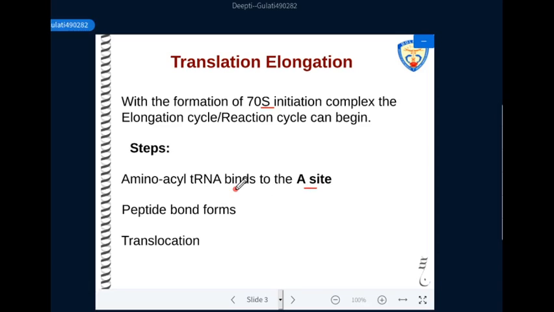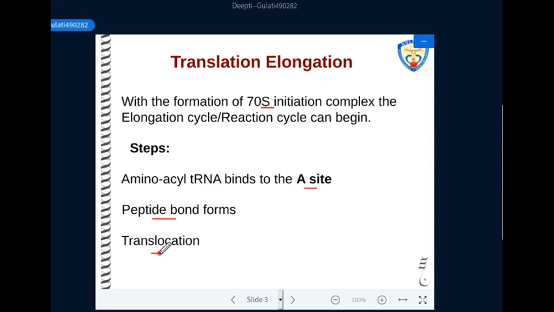The amino acid present on the tRNA of the P site and the amino acid present on the tRNA of the A site then join together with the help of a peptide bond. So the second step in translation elongation is the formation of a peptide bond. Once the two amino acids are joined together, movement takes place, and that movement is known as translocation.